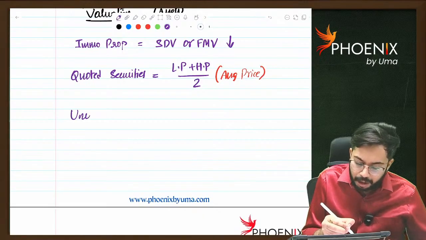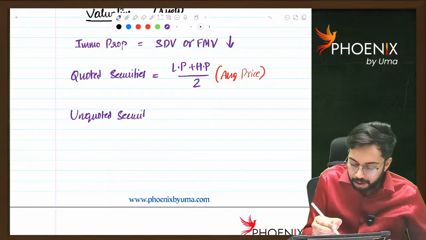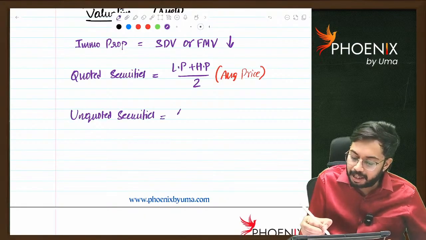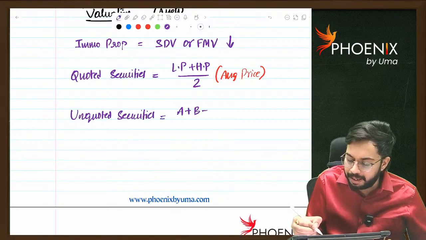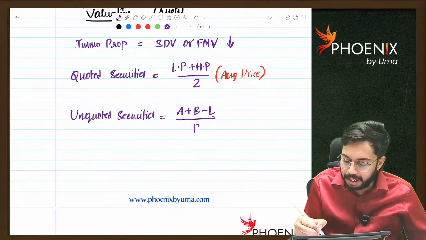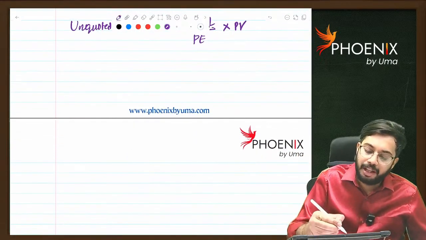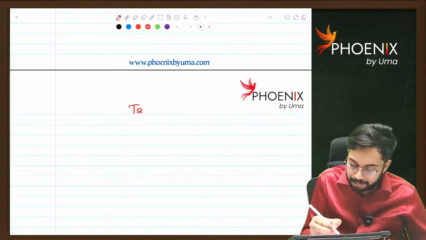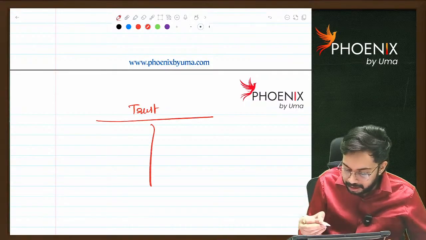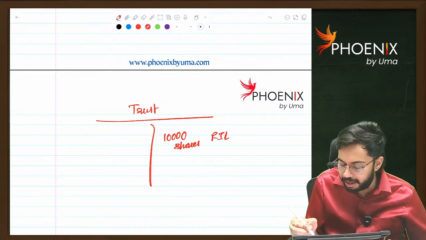If there are unquoted securities, then you will consider A plus B minus L divided by PE into PV. Don't worry, I will explain you. Let's say trust is there. Trust is having 10,000 shares in Reliance Industries Limited.